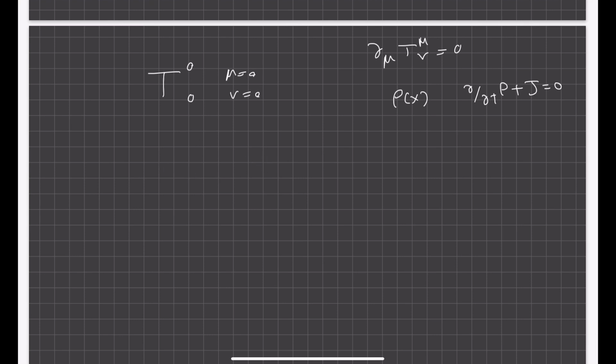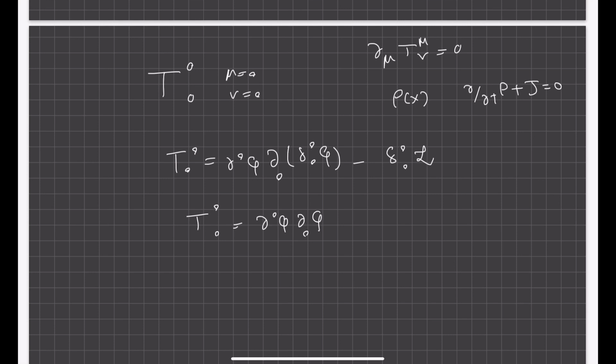So if I calculate this T00, that would be the 0th derivative of phi times the 0th derivative of phi, from delta 00, which is 1, minus delta 00 of the Lagrangian. This is a very interesting term. It can be seen as the 0th derivative of phi times the 0th derivative of phi minus the Lagrangian, right?